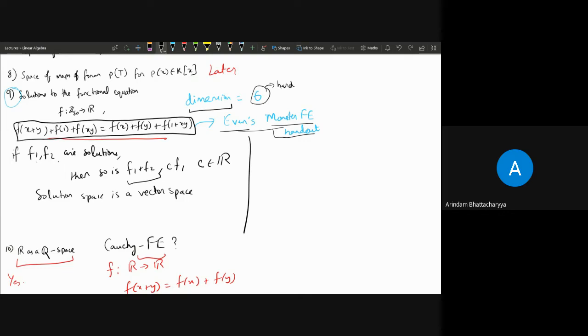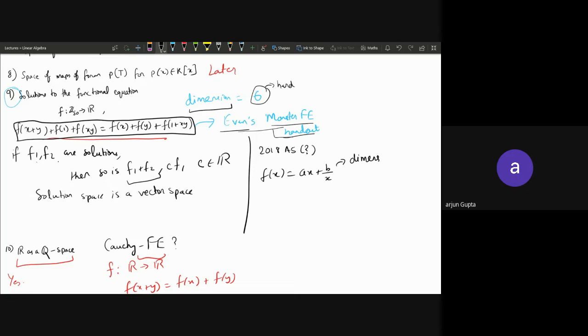So another example of a functional equation which has a vector space of solutions. You can correct me if I'm wrong, I think in 2018 all the solutions were of the form ax plus b by x. Does someone remember the problem? Yeah, it was 2018 A5. Can you tell me the statement of the functional equation?